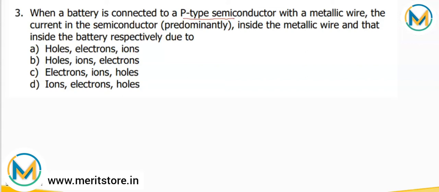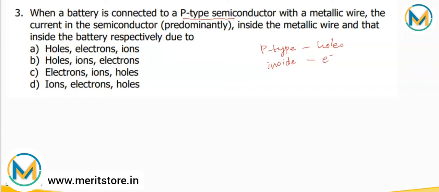So first, the charge carriers inside the P-type semiconductor. So in the P-type semiconductor, we have holes. Then inside the metallic wire, that is inside the conductor, charge carriers are electron.